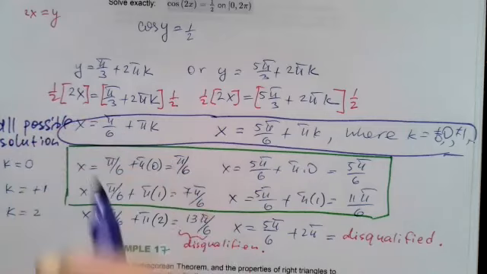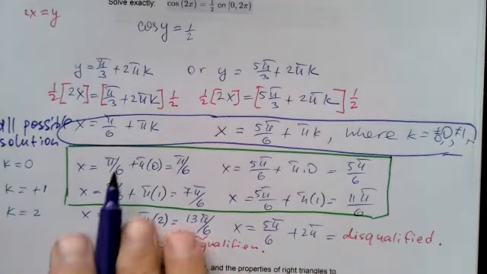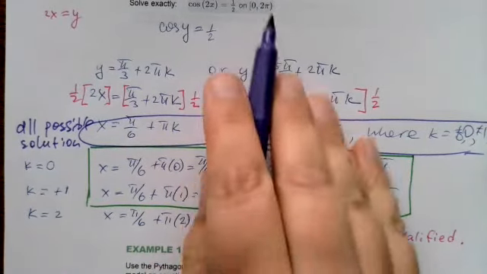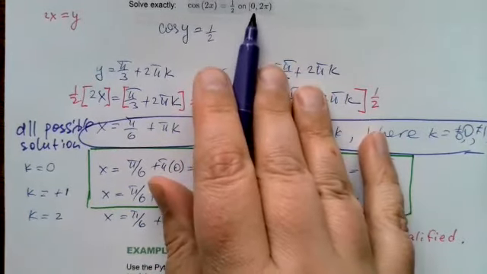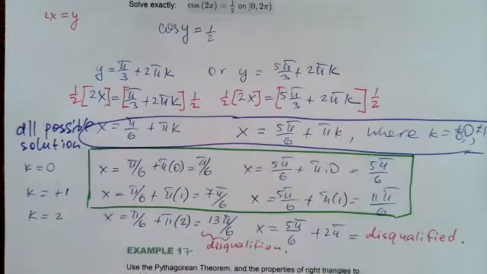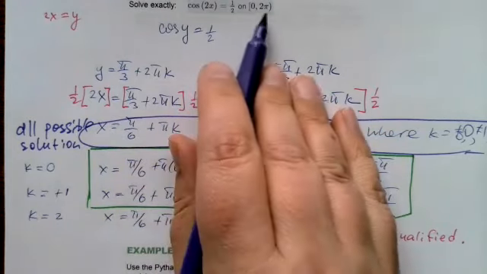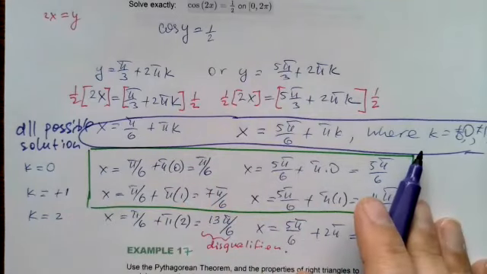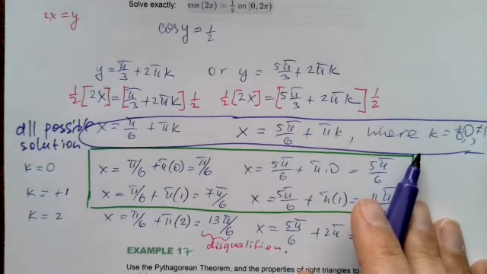And then once you have all possible solutions, you're going to pick the ones that satisfy your conditions right here, between 0 and 2 pi. But if they didn't give you the interval, then you would just write this as your answer, all possible solutions.